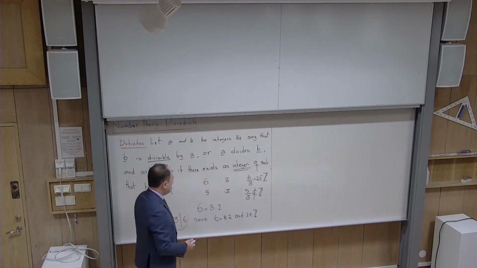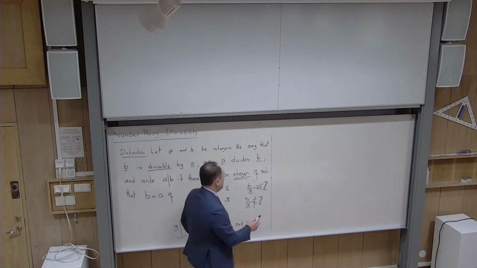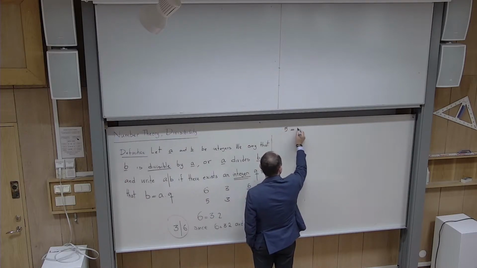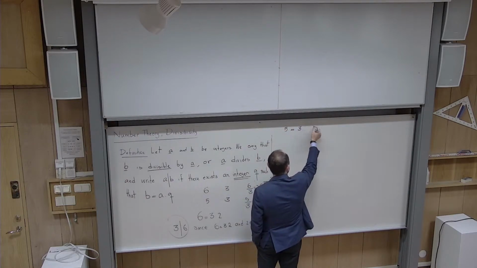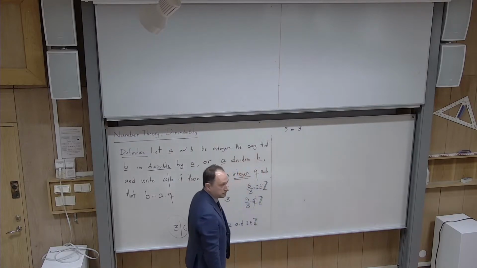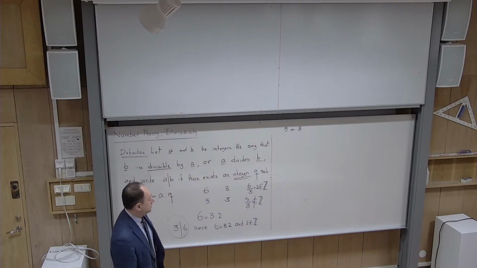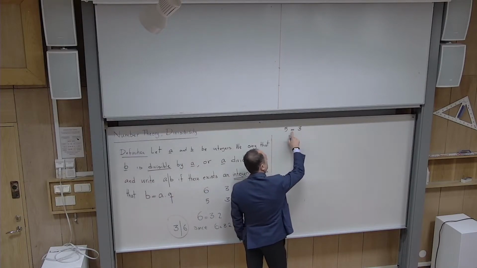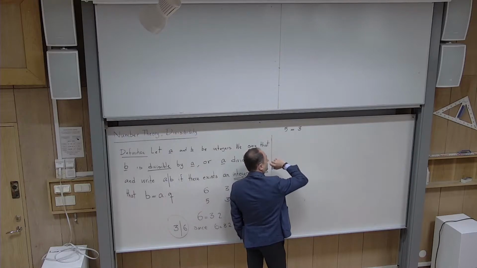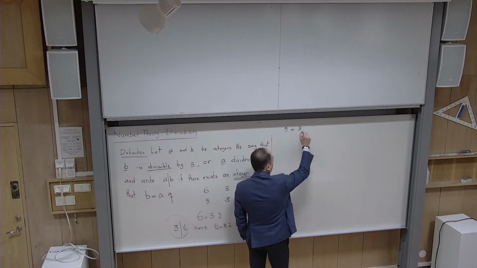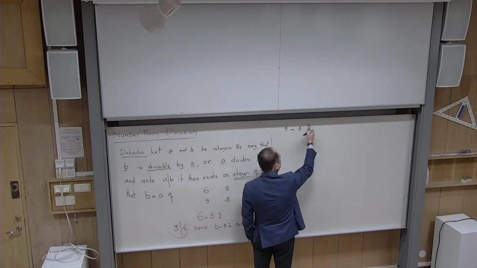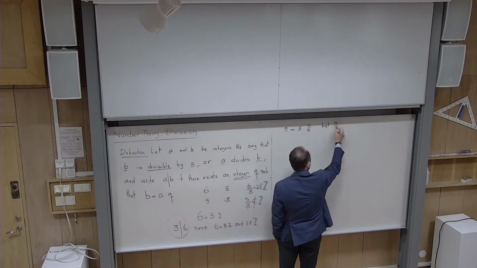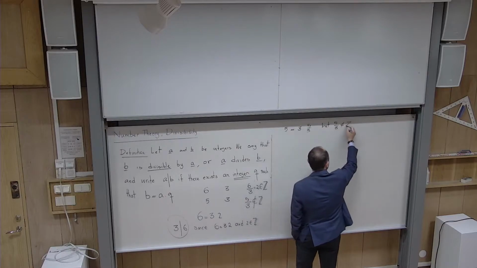So for example, why is 5 not divisible by 3? Because if you want to write 5 as 3 times some number, there is one number that you can put here so that this equality becomes true. What is that number? 5 over 3. This is the only one, but 5 over 3 is not an integer.